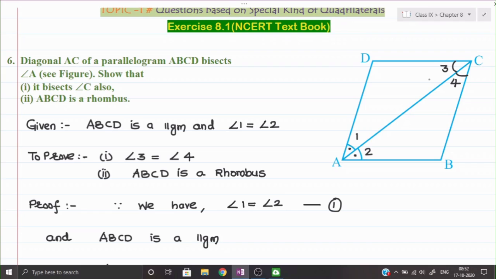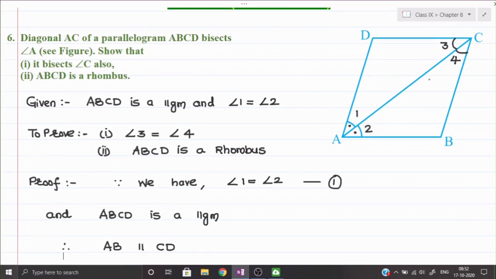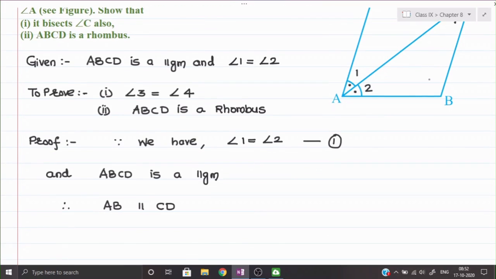Okay, so here first we will mention AB is parallel to CD, therefore we can say that angle 2 is equal to angle 3. Reason can be given, alternate angles, and this can be equation number 2.